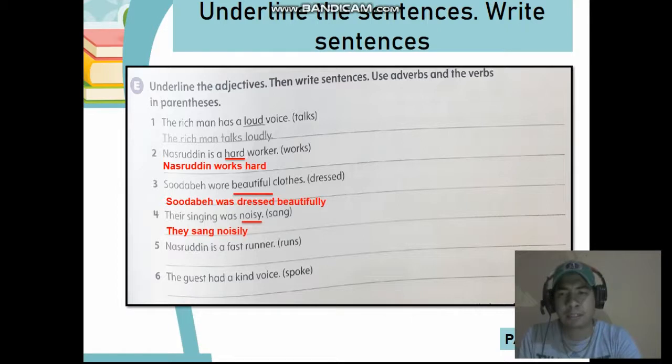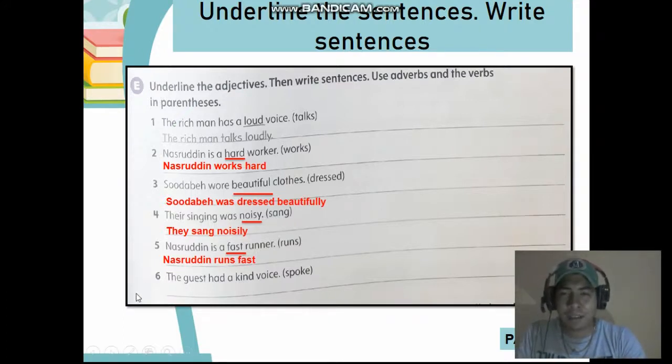Number 5 says, Nasruddin is a fast runner. What do you think is the adjective? Yes, fast. Of course, fast is the adjective. And the sentence? Very good. Nasruddin runs fast. Good job.